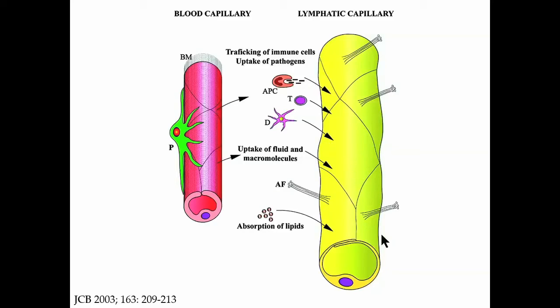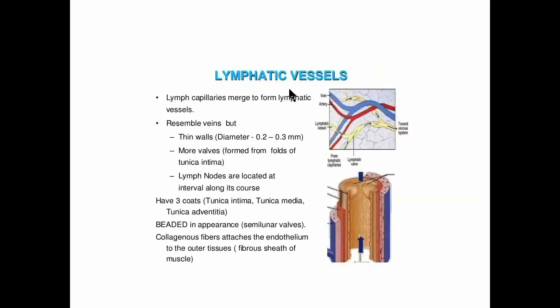It's in the collecting portion of the vessel, it's a little more concrete than it is at the level of the lymphatic capillary. There are the anchoring filaments that I've already mentioned, and the purpose of all of this is to create the ability for transit of fluid and macromolecules passing through the interstitial space to gain re-entry into the lymphatics, to allow for absorption of lipids in the gastrointestinal tract and perhaps in other regions of the body, and again for the traffic of these antigen-presenting cells.